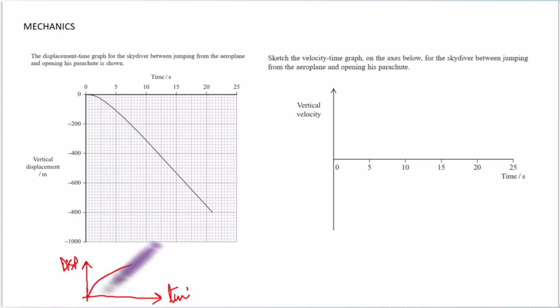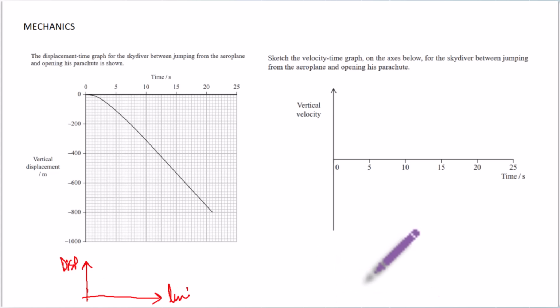And the corresponding velocity time graph would have been the most common one that you already know. The velocity becomes constant, as in the skydiver reaches terminal velocity. Here, it becomes a straight line. So the gradient of a straight line is constant. Gradient of displacement time graph gives velocity. So the velocity becomes constant, right?